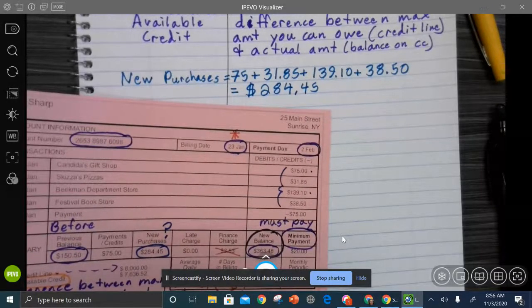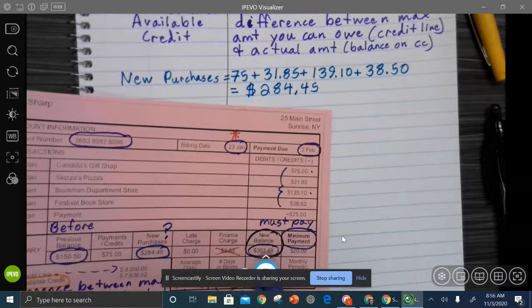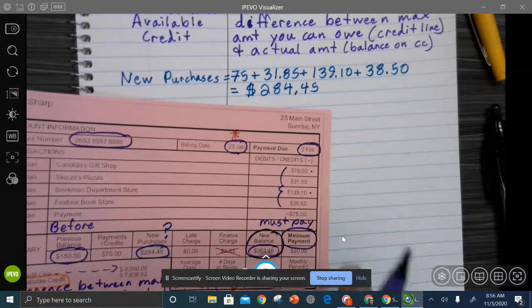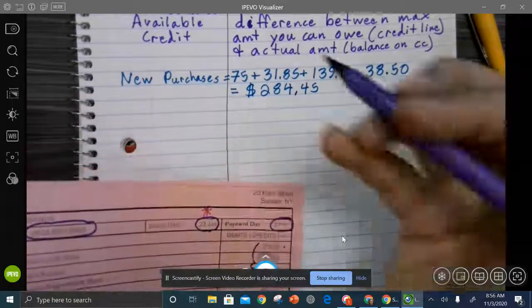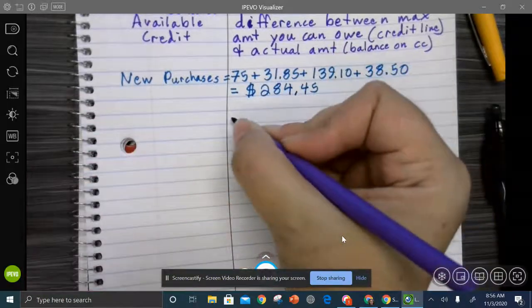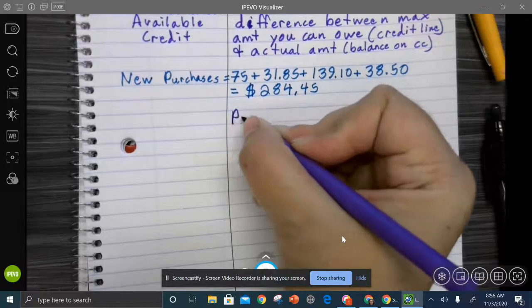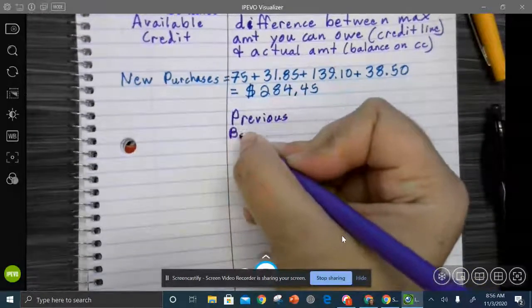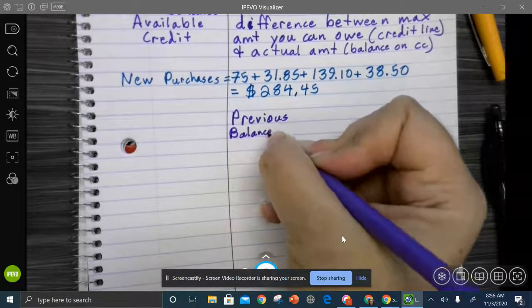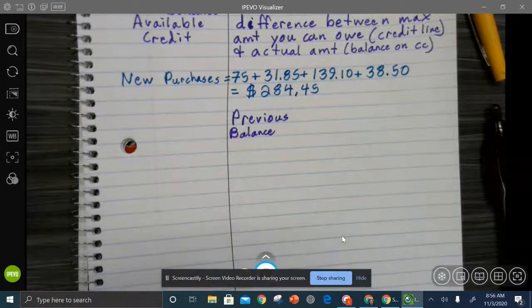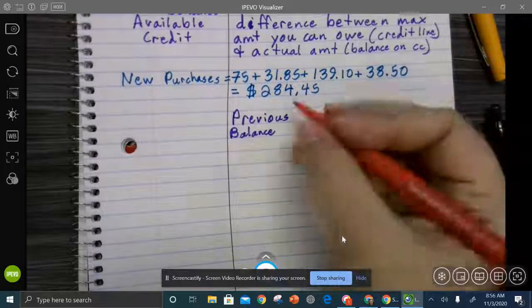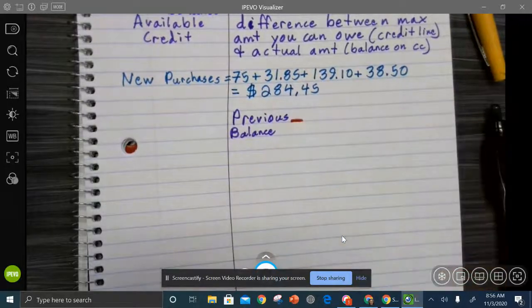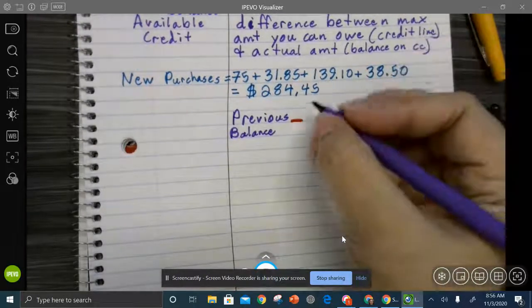So what we can work with, everybody, is to figure out how the new balance is calculated. So it's going to be the previous balance minus payments and credits.